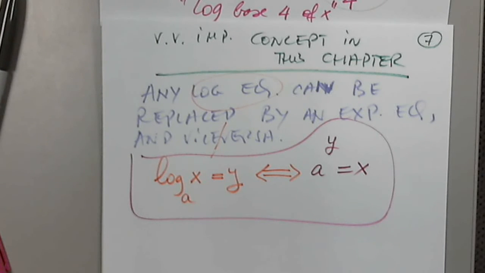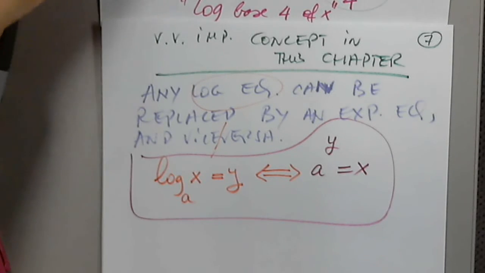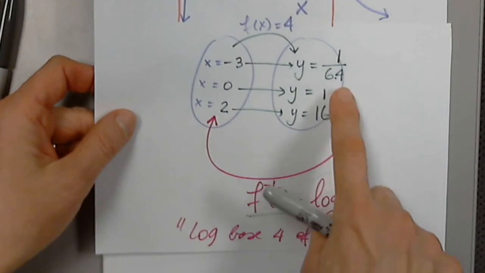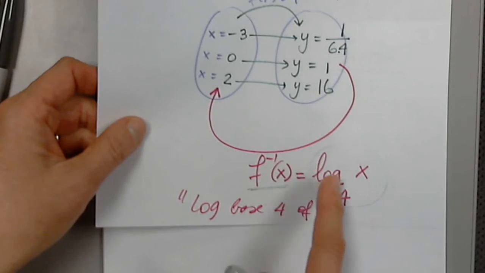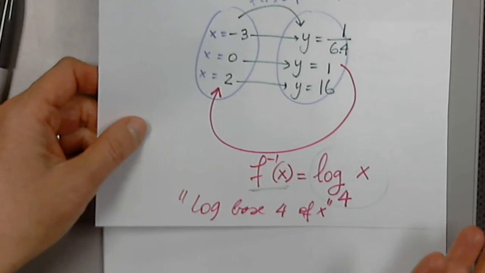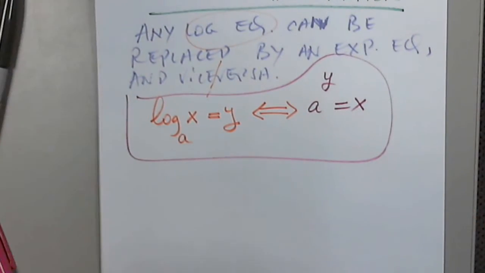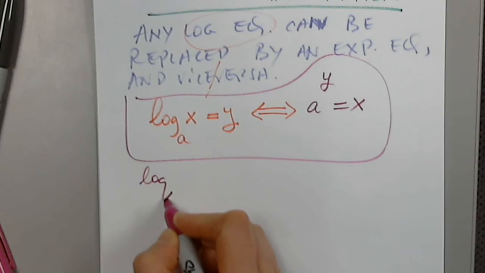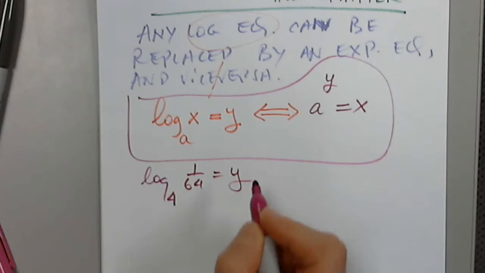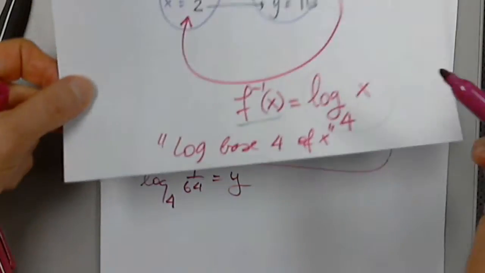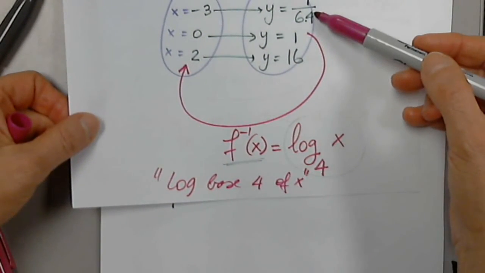I'm going to use this concept to apply log base 4 to 1/64, log base 4 to 1, and log base 4 to 16, and see what we get. So, log base 4 of 1/64 is a number y. So I'm applying log base 4 to 1/64.